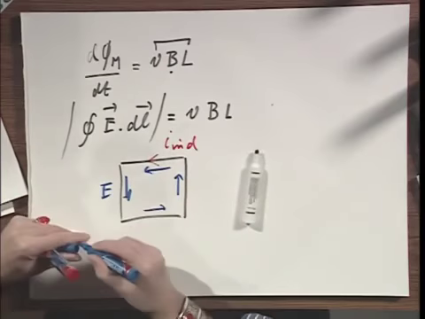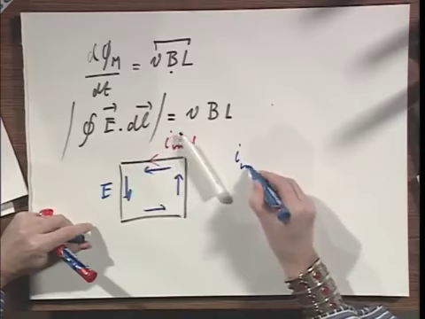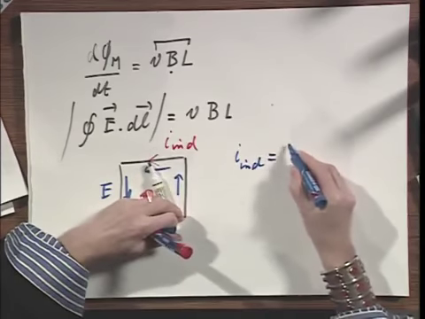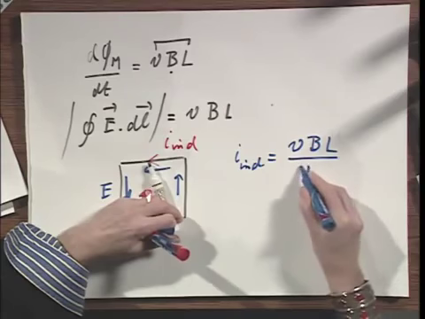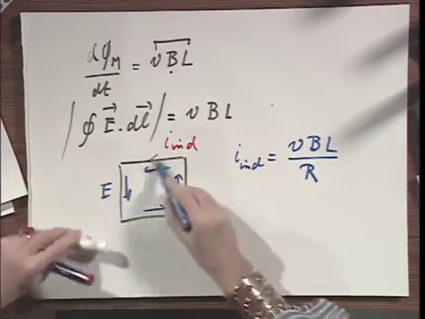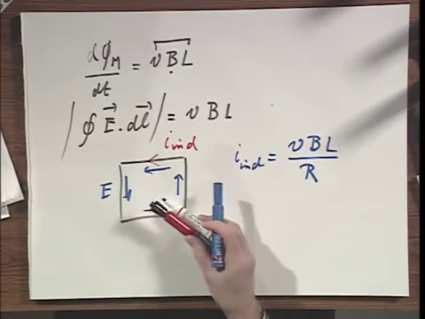That's the E field in this loop, and if you want to know what the induced current is, that is the EMF value, which is VBL divided by the resistance of this circuit, if capital R is the resistance of that circuit.